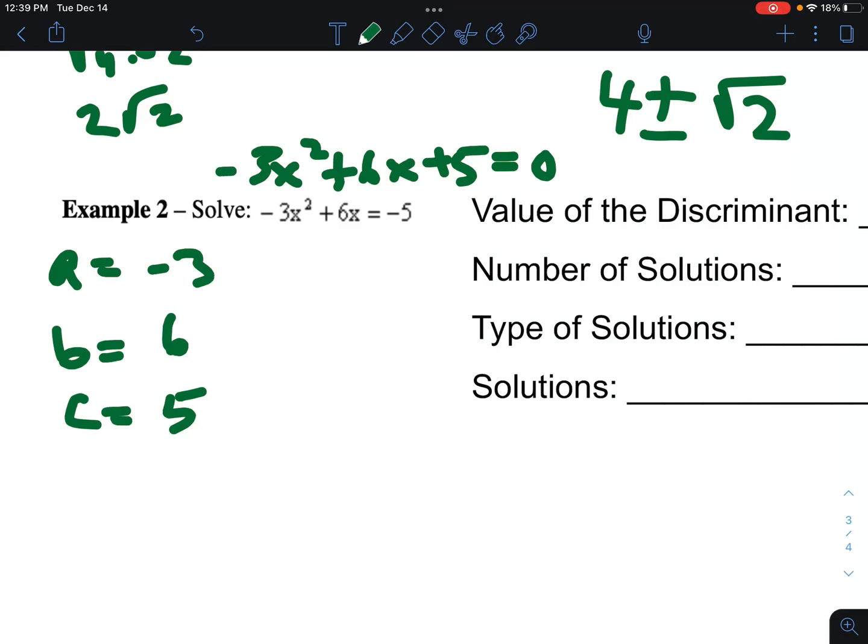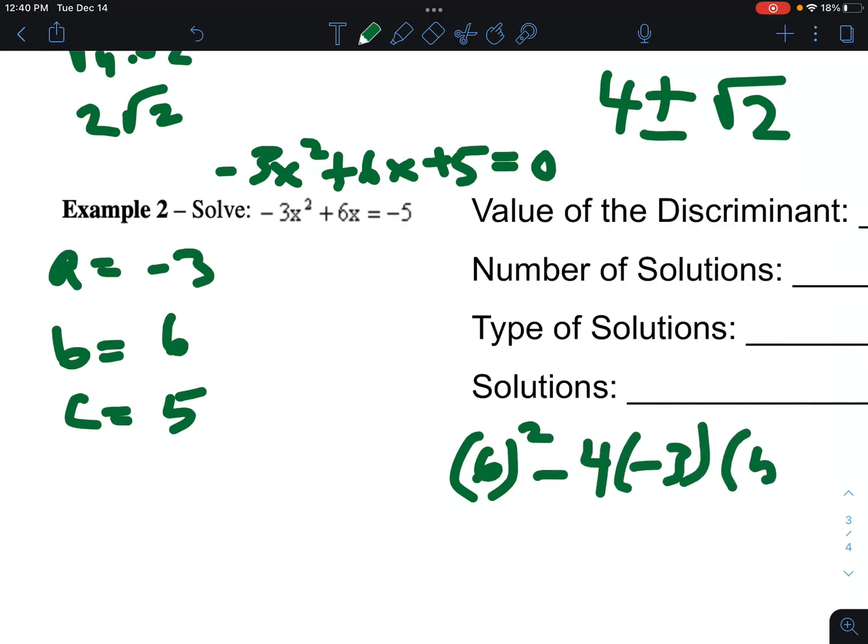All right, let's find the value of the discriminant. B squared minus 4AC. So B is 6 squared minus 4 times -3 times 5. Well, that's going to give us a nice positive number, because 4 times 3 is 12.